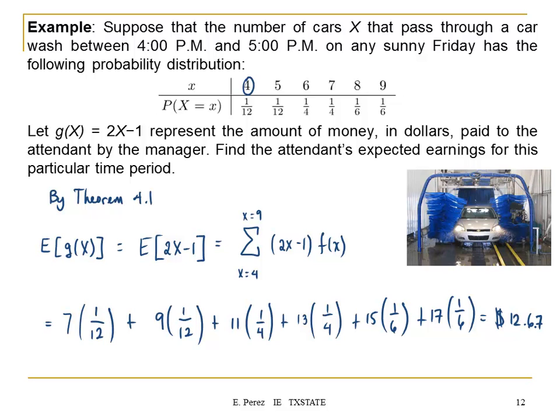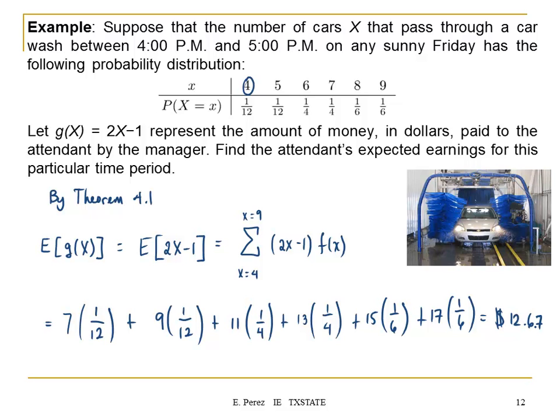So you use the probability of 4 times the value of the output. And the same thing for the other outputs. So that tells you that this is the earnings of this person for that hour. Working for a car wash, you get $13 an hour. Not that bad, right?